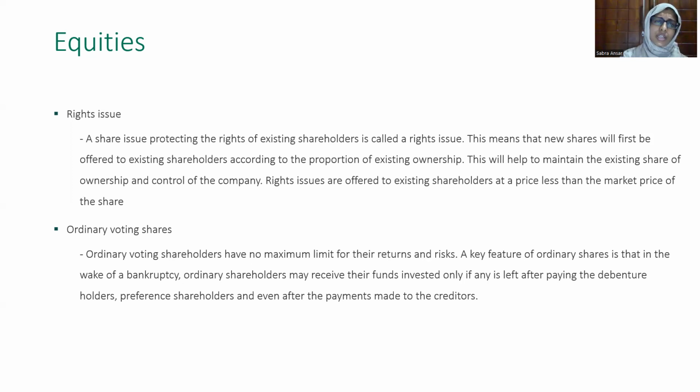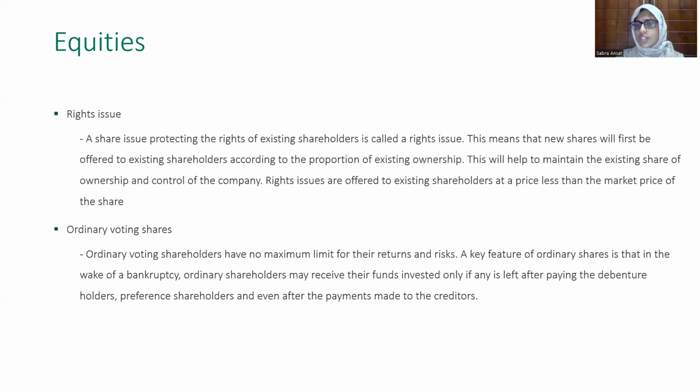Now we are moving on to talk about ordinary voting shares. So let's see what ordinary voting shares are. Generally, they don't have a maximum limit for their return or even their risk.